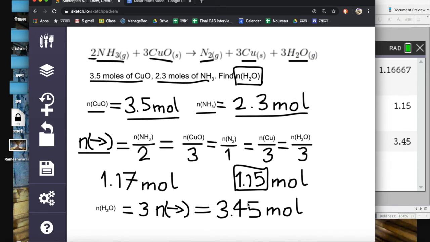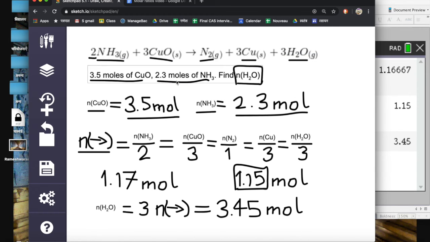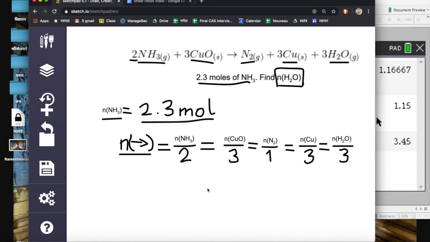Now suppose that you were given the fact that NH3 is the limiting reagent in the beginning, and you weren't given the number of moles of copper oxide at all. How could you find the moles of water in a faster manner? This type of question is very common in combustion reactions because oxygen is always in excess, except in very specific situations.